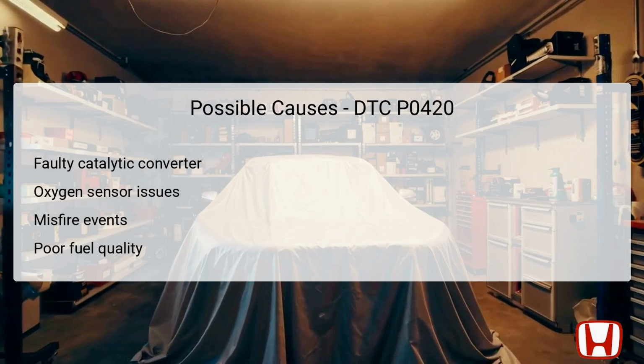Misfire events indicated by other DTCs, like P0300 to P0304, can lead to unburned fuel entering the catalytic converter, potentially damaging it. Furthermore, poor quality fuel may result in deposits forming on the catalyst, leading to reduced efficiency. It is important to eliminate these possibilities in a logical order, as they could also cause the DTC to remain active intermittently if not addressed in sequence.